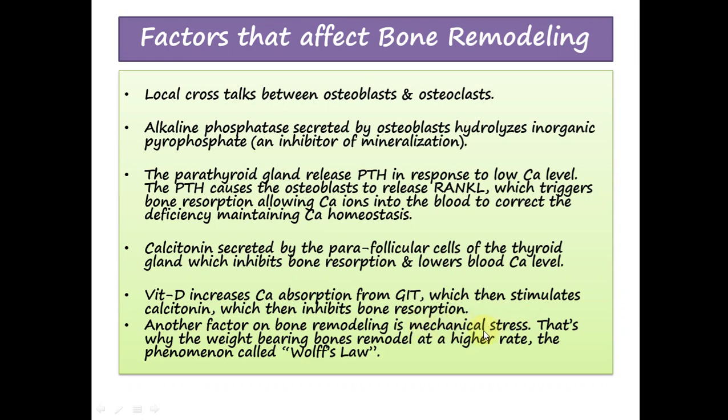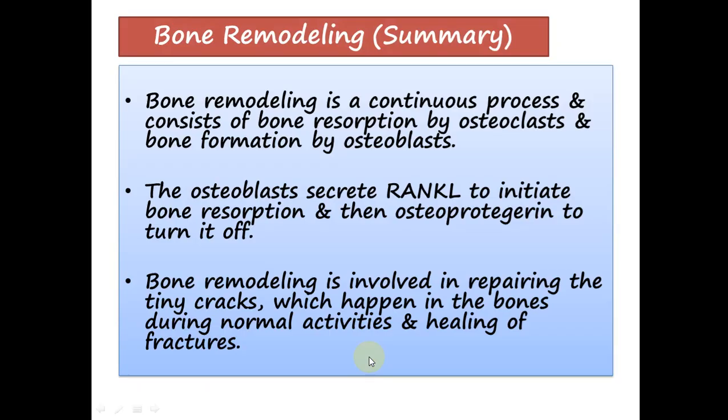Exercise and mechanical stress, particularly on the weight bearing bones, accelerate bone remodeling. This stimulation of bone remodeling by exercise and mechanical stress, particularly on the weight bearing bone, is known as Wolff's law.